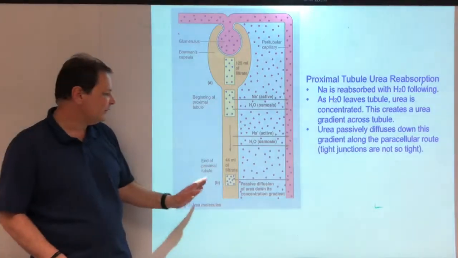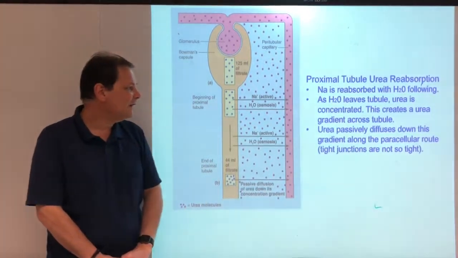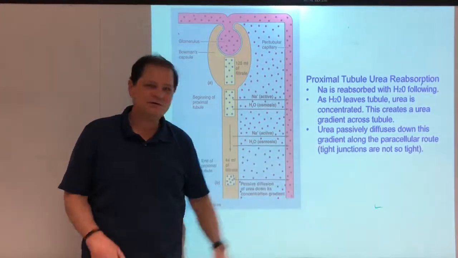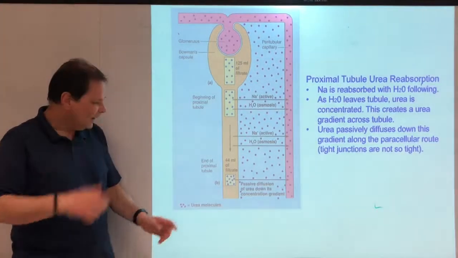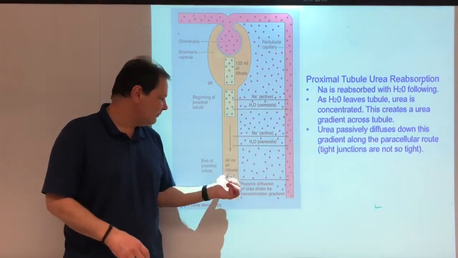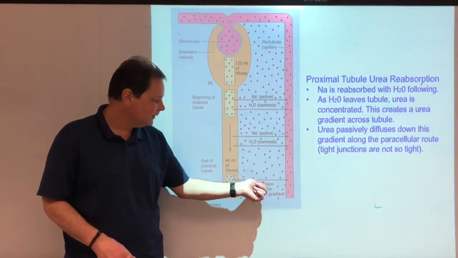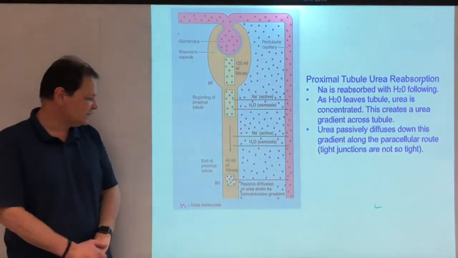So urea diffuses down its concentration gradient, and it is paracellular, which means it's through the tight junctions, which aren't so tight in this area, okay? It goes from the lumen of the proximal tubule into the interstitium as well, down its concentration gradient.